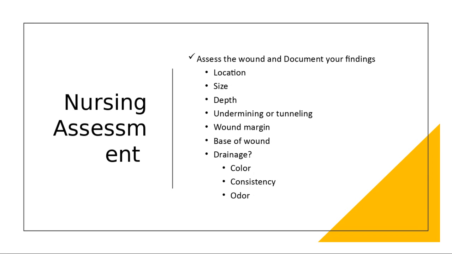So they'll have like measuring tapes, and sometimes they'll use cotton swabs to see how far down the wound goes, or does it undermine, does it tunnel, does it go to other places. So there's different ways that you can assess those things.